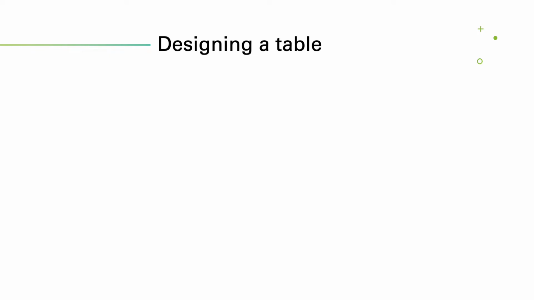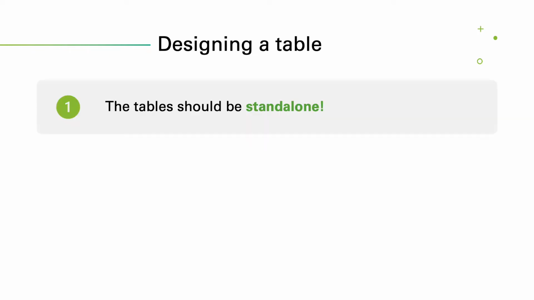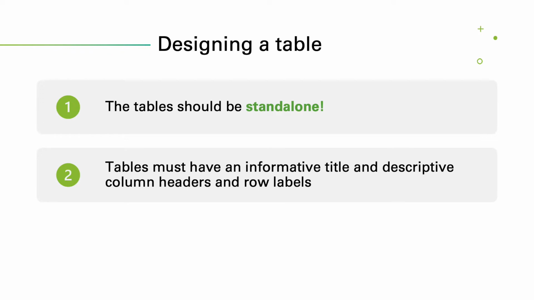When designing a table, the most important aspect is to make the table standalone or self-explanatory. The reader should gain a complete understanding of the message you're trying to convey just by looking at the table. In order to help with this, tables must have an informative title and descriptive column headers and row labels.